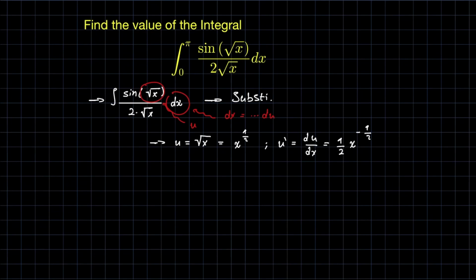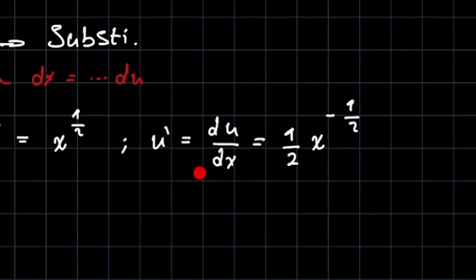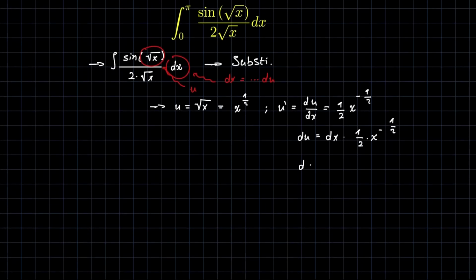Now all I need to do is transform this expression and solve for dx. du would be equal to dx times 1/2 x to the power of negative half, and then dx would be equal to du times 2 times the square root of x. And why the square root here?